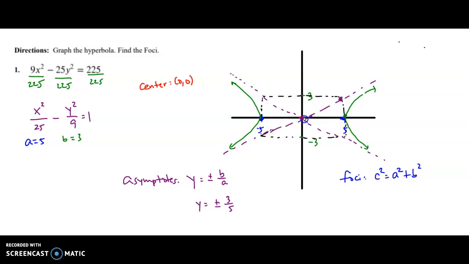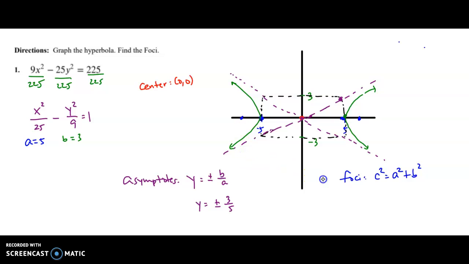Because remember, a is the distance from the center to a vertex. And so if the focus is inside the hyperbola, this distance has to be longer than the distance to the vertex, all right?